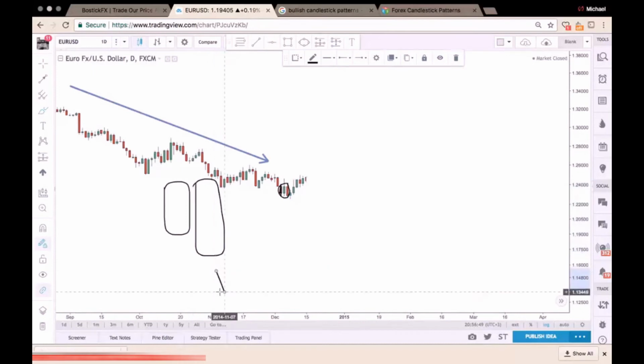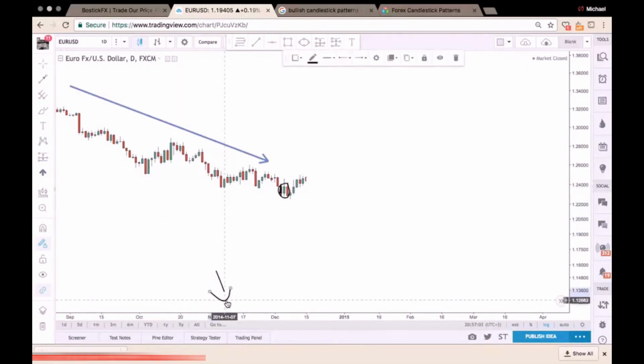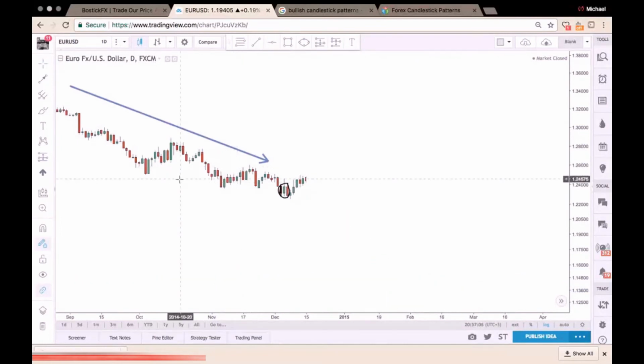Usually that's a signal that price is going to continue down. But as you see, price did not continue down. Price actually went higher than that, right? So this is what I'm talking about as these candlestick patterns being very subjective.